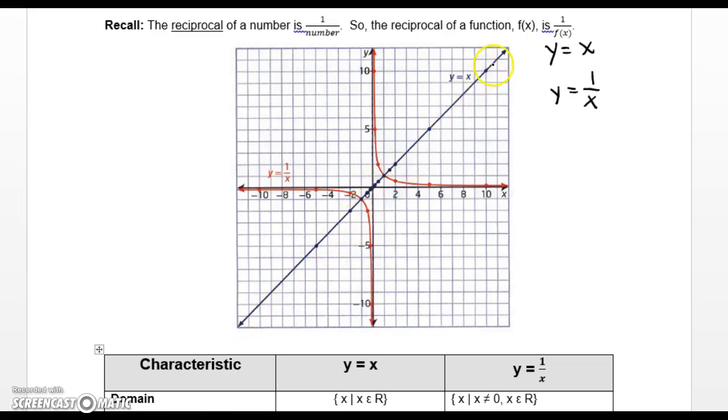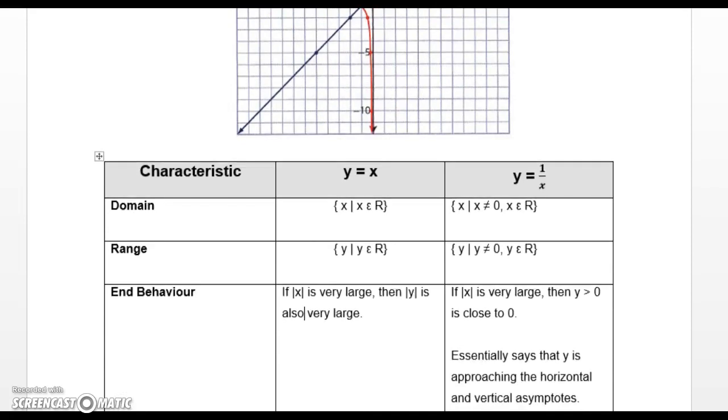If we were to continue it on and on forever, we would notice that y could be anything. But what we do notice about our reciprocal function is that as we're approaching y is equal to 0, or that x-axis, these red lines, or the reciprocal function, never actually touch or cross that x-axis. So there we say that y cannot equal 0.